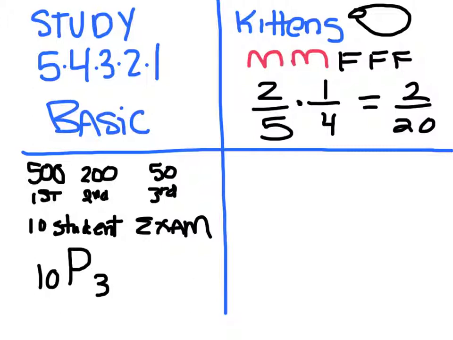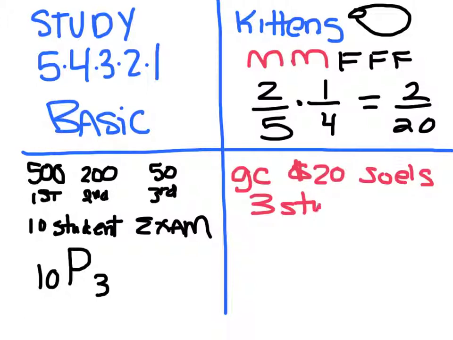But let's say instead of that, I just happen to have a gift certificate for $20 to Joel's. And I was going to draw 3 students. Now, in this case, it wouldn't matter which students got the $20 gift certificates, so the gift certificates are all the same.